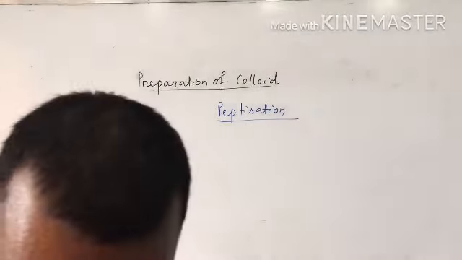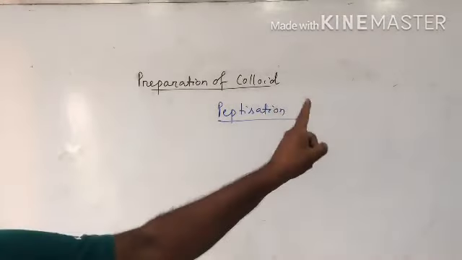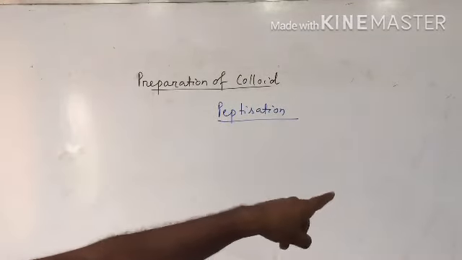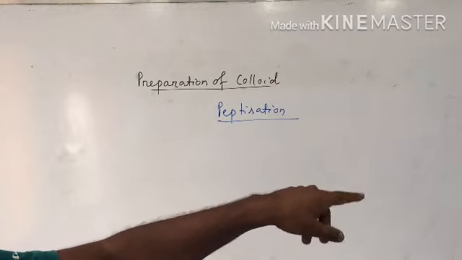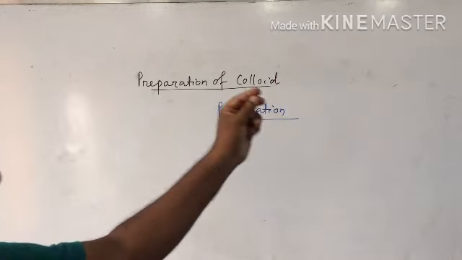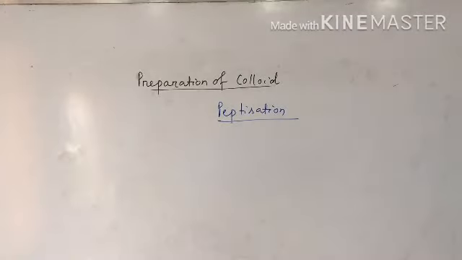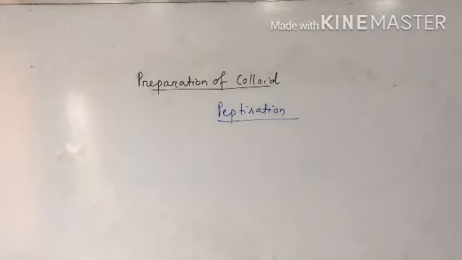So peptization is defined as the process of converting a precipitate into a colloidal solution by shaking it with a dispersion medium in the presence of a small amount of electrolyte. This is called peptization, and the electrolyte is called a peptizing agent.